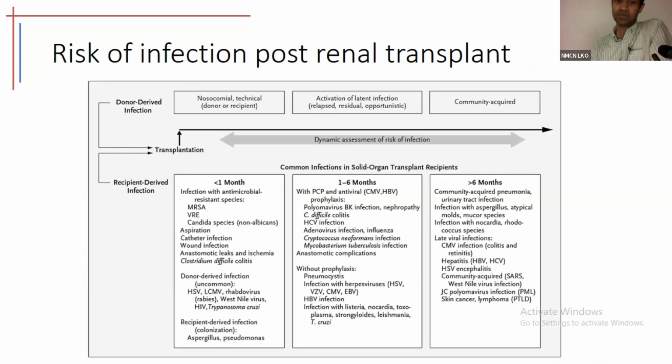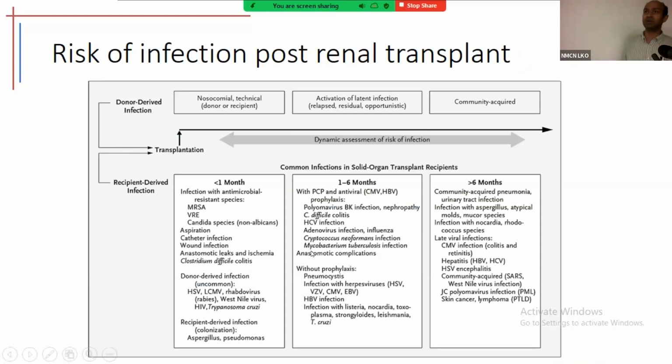So this is a table that we have all been mugging up since our, I think, post-MBBS MCQ days. So how are patients susceptible to infections? Time-wise, less than 1 month: patients are susceptible to hospital-acquired infections, MRSA, vancomycin-resistant enterococcus, Candida species, catheter-acquired infections, aspiration pneumonia, wound infections, anastomotic leaks and ischemia.